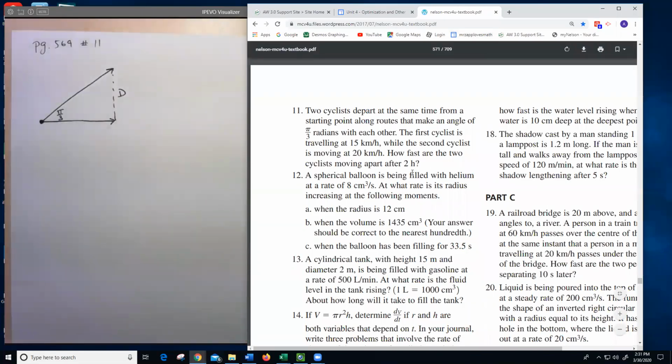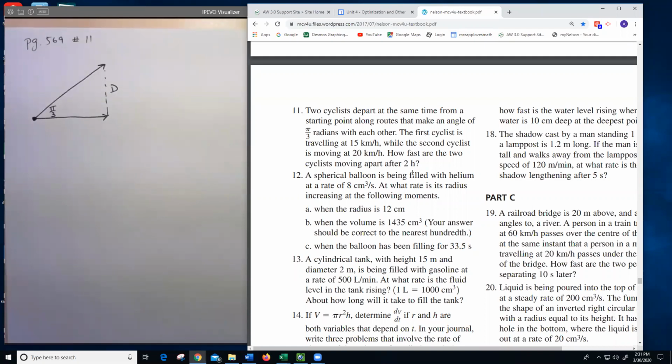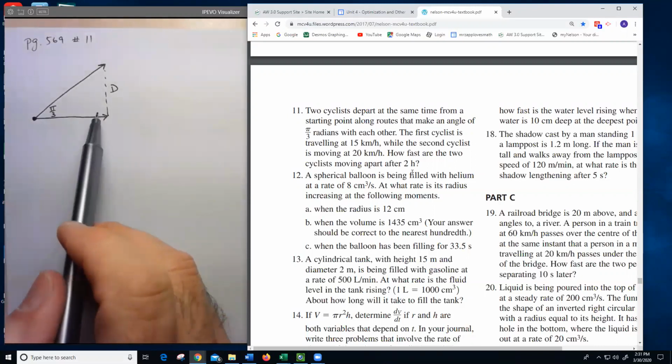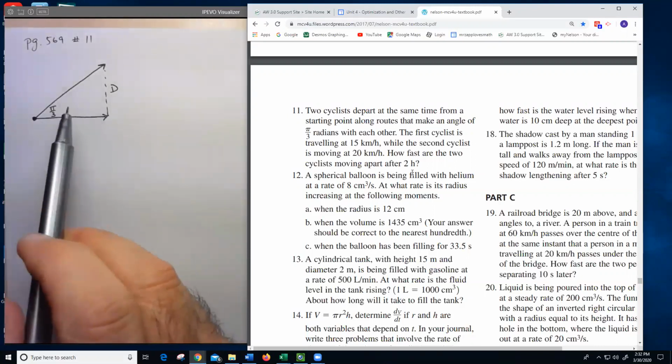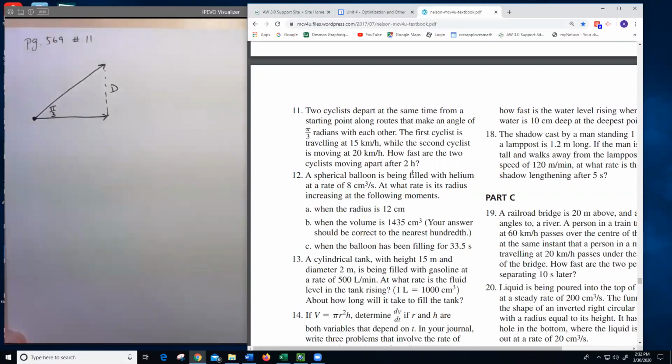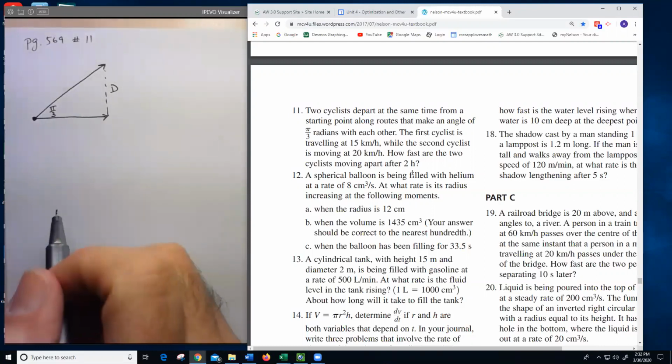Now, as we did before, I'm going to try to set up a distance equation, except we don't have a right angle triangle. You got to be careful, and it kind of looks as though it's right angled here, but maybe I should have made an effort to make it look like less than a right angle. So I'm going to be careful with that there, okay?